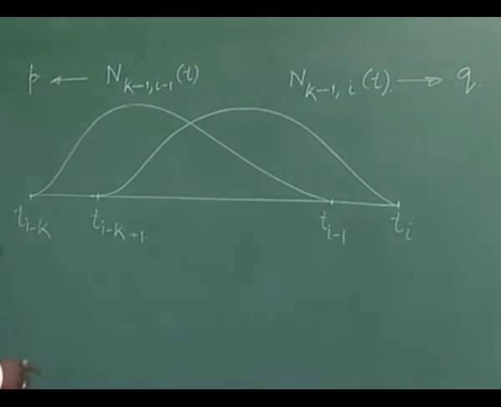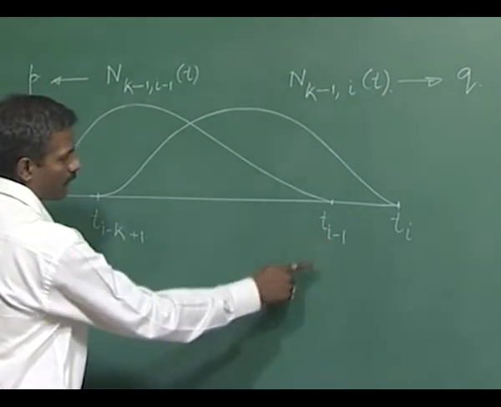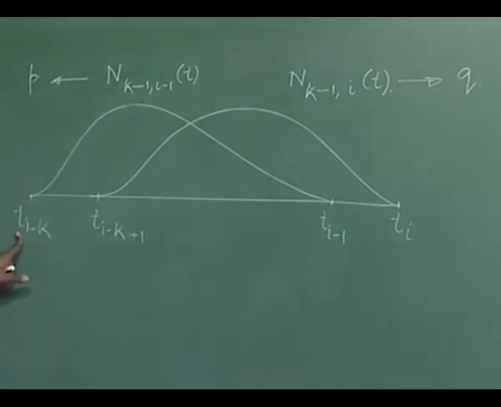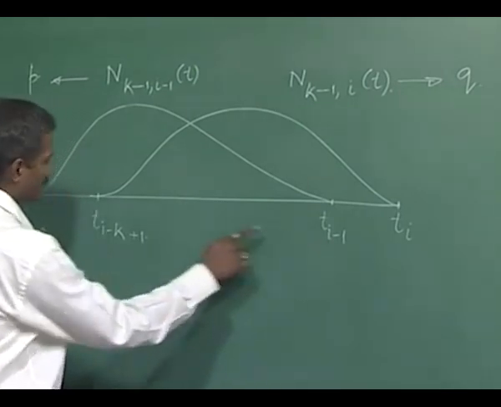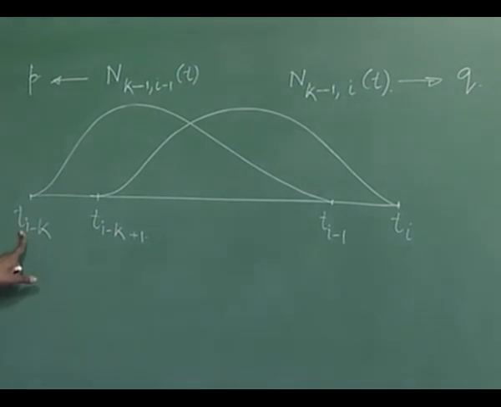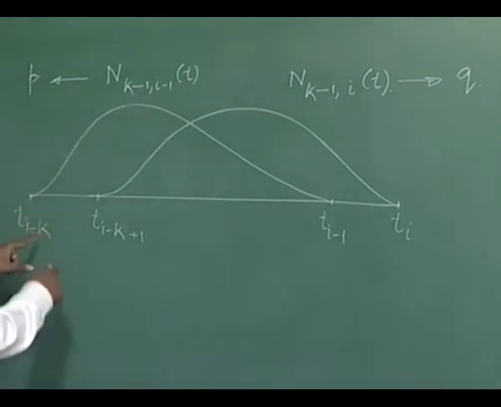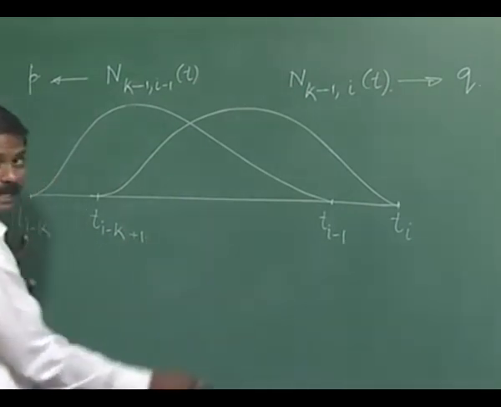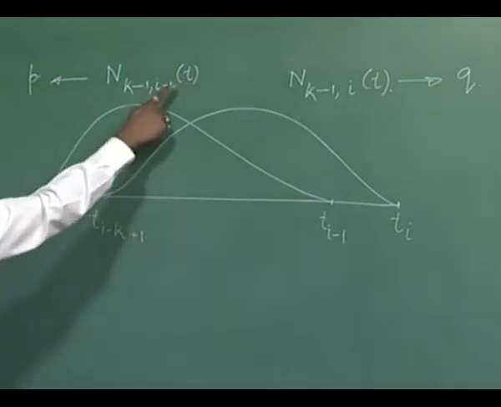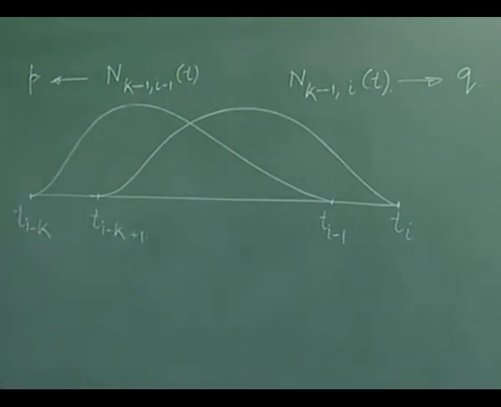Now, the condition that Ti minus k will be equal to Ti minus 1 will be only physically possible if all the intermediate knots, including Ti minus k and Ti minus 1, are multiple knots. So we'll have two cases here. Case 1, that t is equal to this knot value, or t is greater than Ti minus 1 or smaller than Ti minus k.